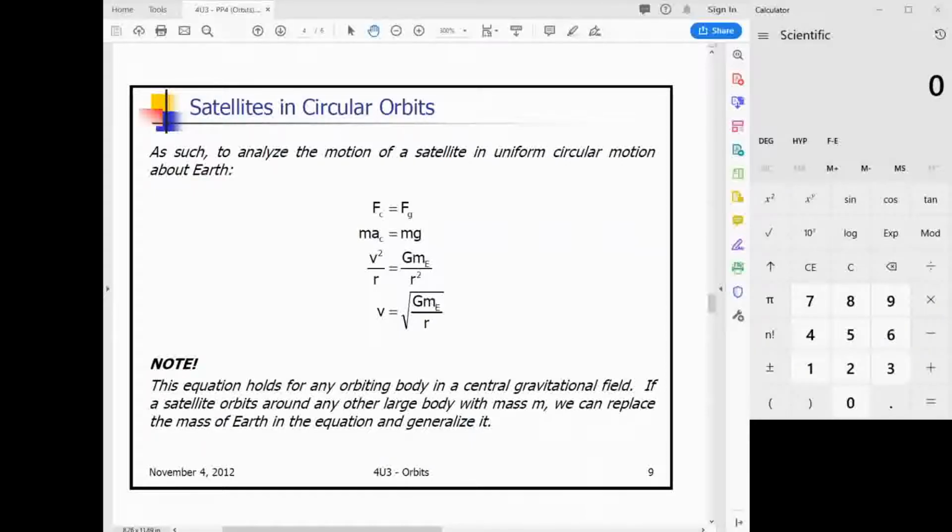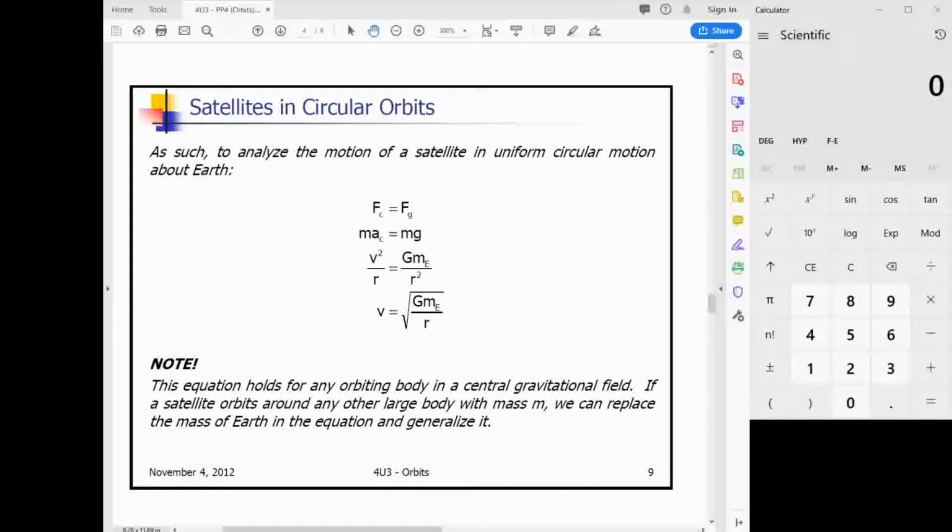And we know that centripetal acceleration, or rather centripetal force, can also be written as v squared over r. So if we rearrange this equation for v, we end up with the orbital speed. This shows up on your formula sheet, so you don't have to do that rearranging. I think this shows up in Unit 2, whereas we use it more in Unit 3.